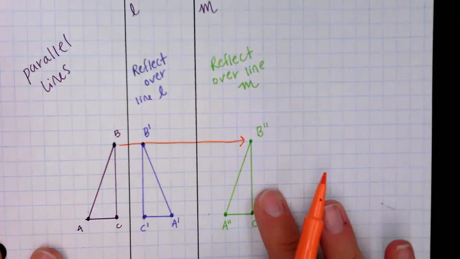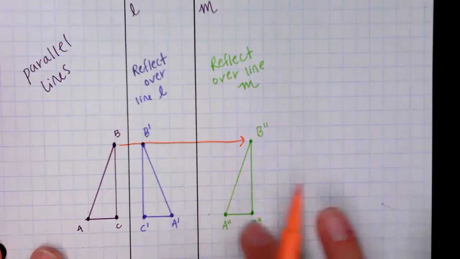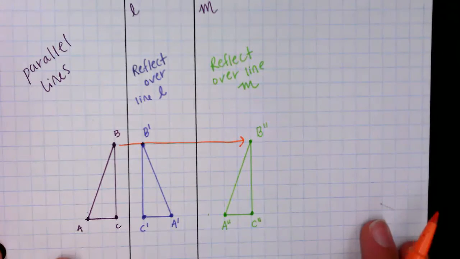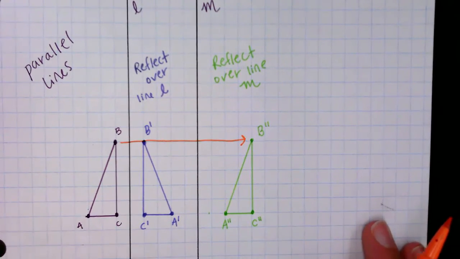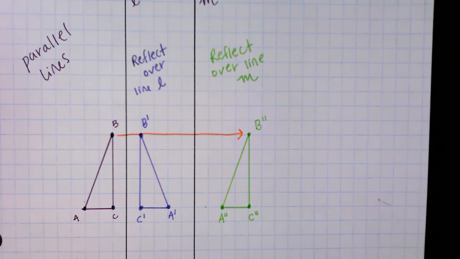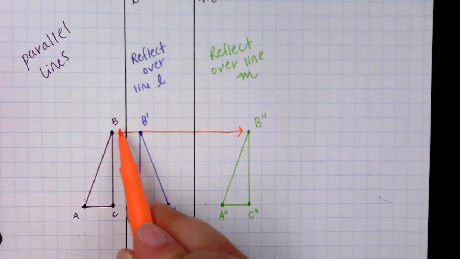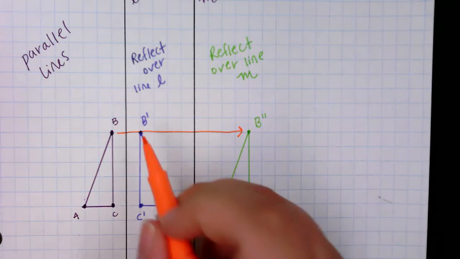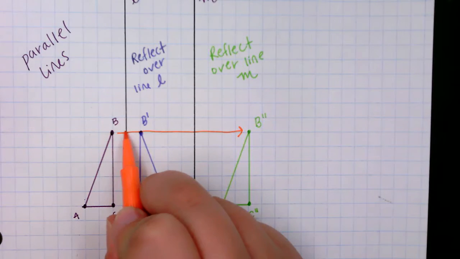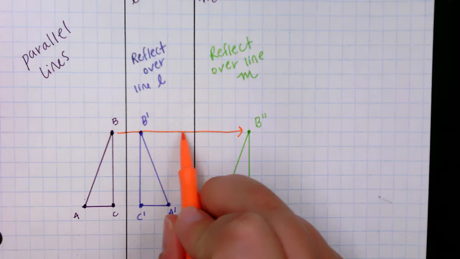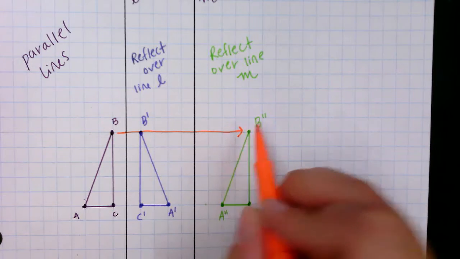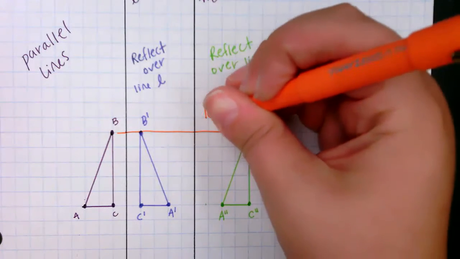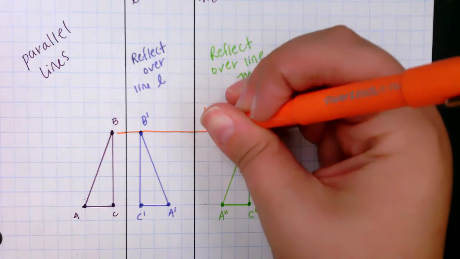I could just translate right and I would land on this green triangle. Now, when we do a translation, we have to say how much we translate by. And I could find that number by counting over from B to B double prime. If I count the units, I'll go 1, 2, 3, 4, 5, 6, 7, 8, 9, 10. So we went 10 units right.